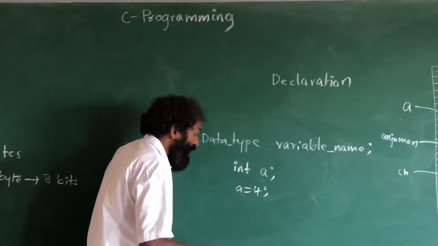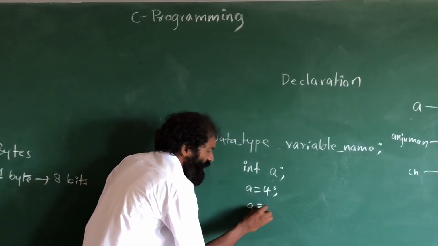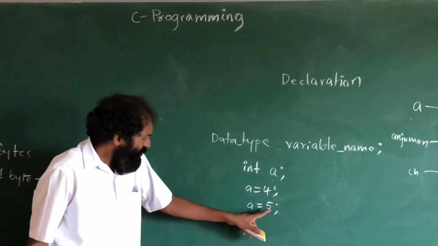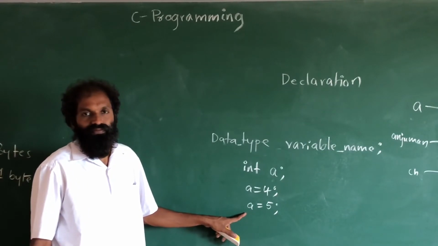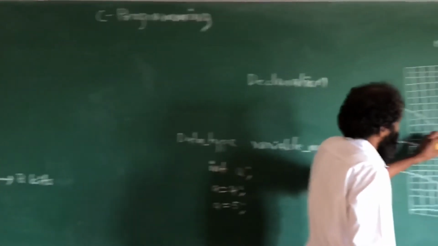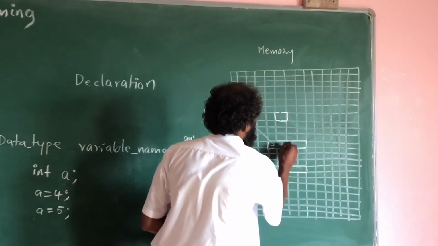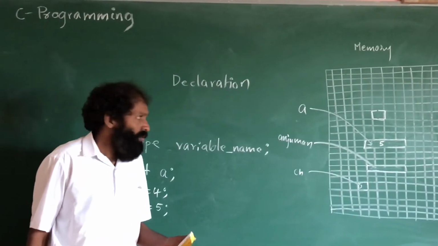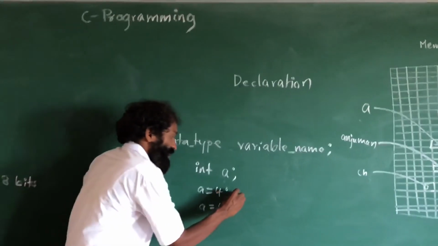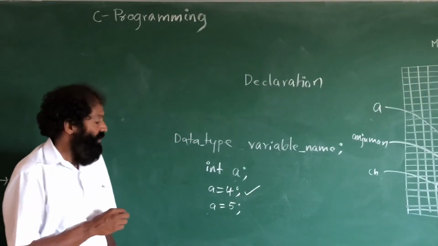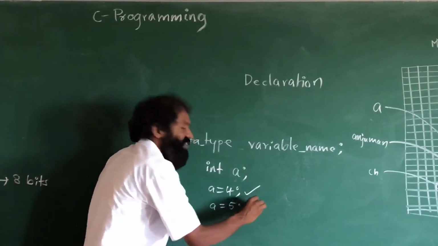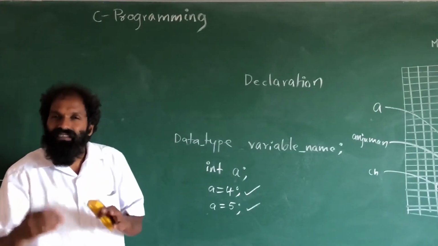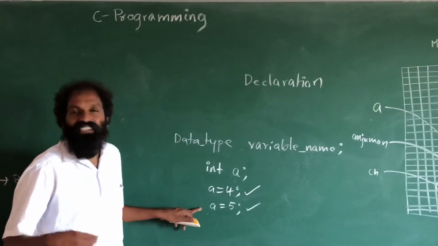In the next line, if you write A is equal to 5, then this 5 will be stored here. So we lost this number, 4 becomes 5. So at this stage A's value is 4, at this stage A's value is 5. If we can alter it, its value changes.